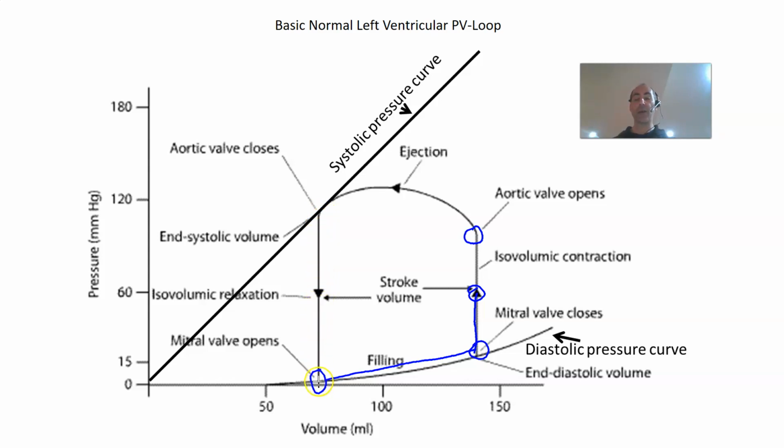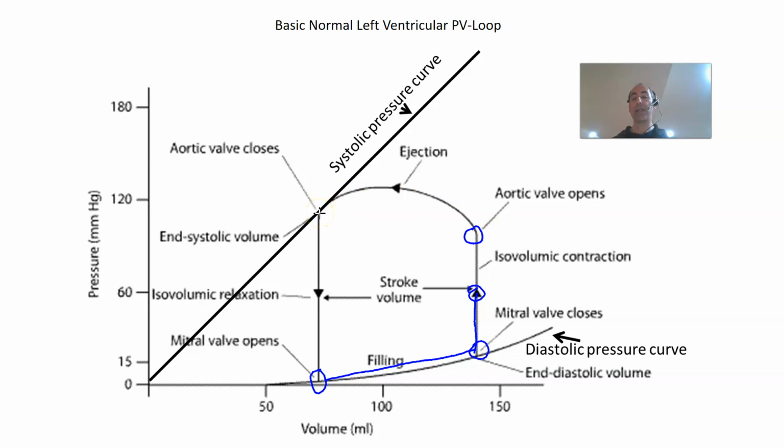And so you started at about 75 mils, you went up to about 140 mils. You started at almost zero pressure, about 5 millimeters of mercury, you got to about 15 here, 80 millimeters of mercury here, about 120 millimeters of mercury here. You lost all of that fluid from the left chamber of the heart.